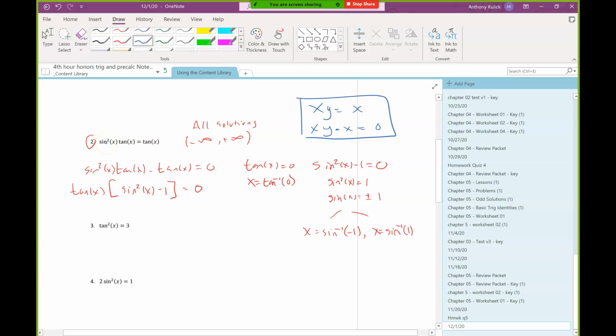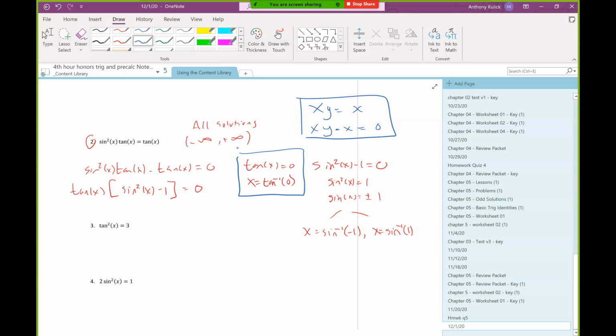Same idea here. Sine squared times tangent x is not the same thing as like, because there's a variable with the sine squared, it's not like it's just a coefficient. And you wouldn't divide tan x off of the sine x and get 1 on that side? So if you do that, you're going to lose all the solutions here that come from when tangent is equal to 0, which I saw lots of you guys did on the homework quiz.